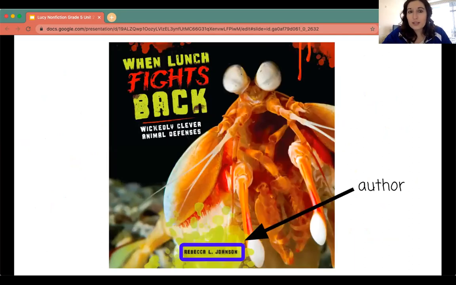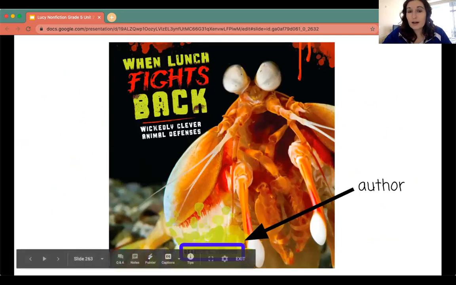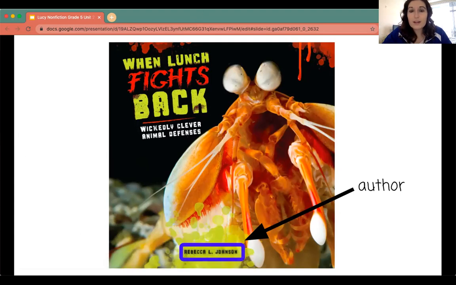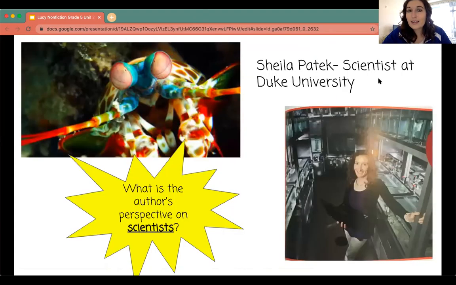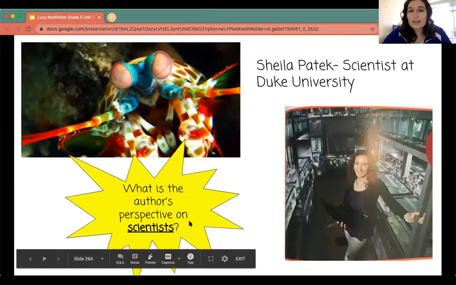Using this book, When Lunch Fights Back, Wickedly Clever Animal Defenses, the author is Rebecca L. Johnson. What I'm wondering today is, what is the author's perspective on scientists?